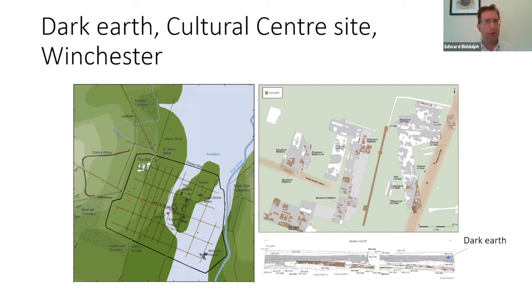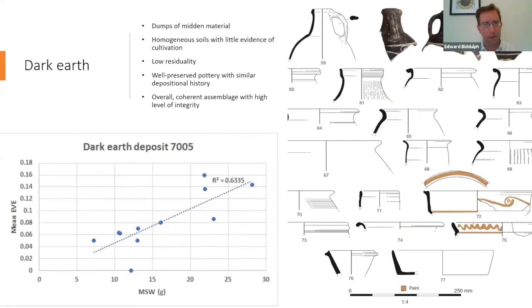So let's look at the final graph, showing the relationship between mean eve and mean sherd weight by context within a single dark earth group. And here you go. You can see that the correlation is much better, 63%, 0.63. This reflects the nature of the pottery.